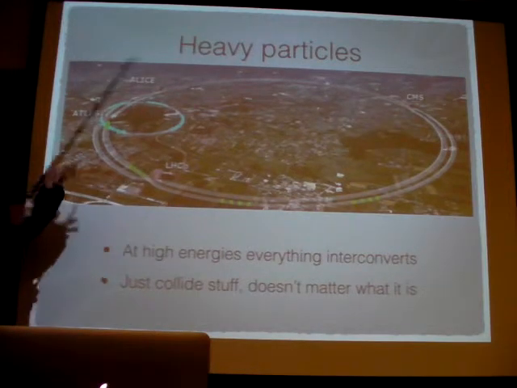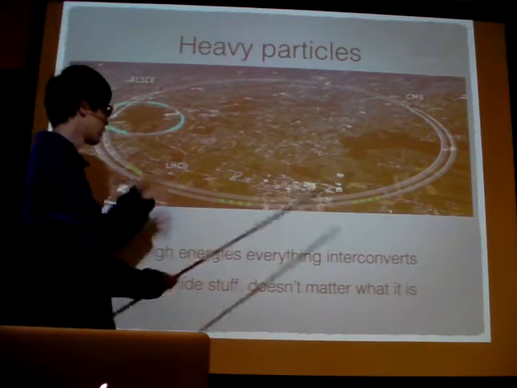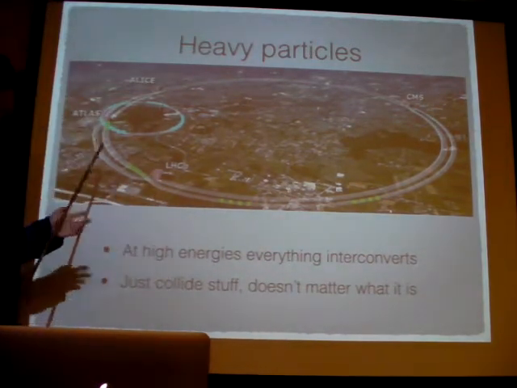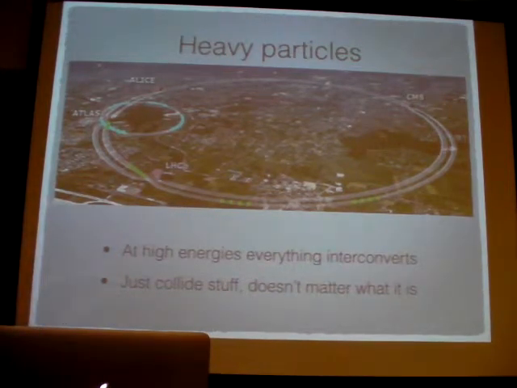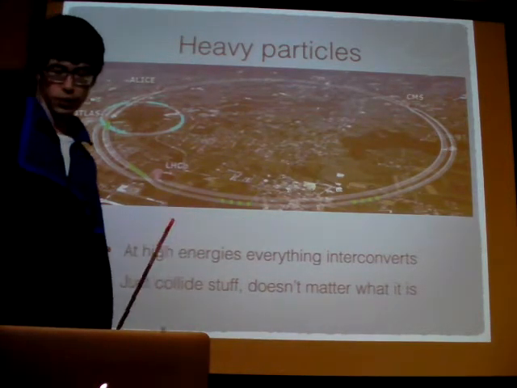You can even bound leptonically charged particles, etc. And so to zeroth order, it doesn't matter what you collide. You just collide things at higher and higher energies, and that's good. And then the particles you produce, it doesn't really matter how they couple. You just produce them with pretty large cross sections regardless.